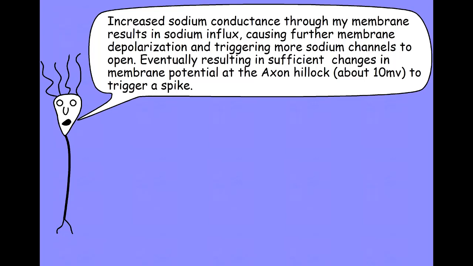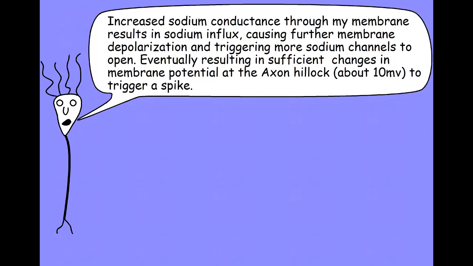So we get increased sodium conductance through the membrane, and this results in sodium influx, which further depolarizes our membrane and triggers more sodium channels to open farther and farther away from the initial event.